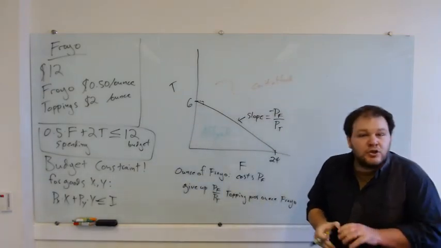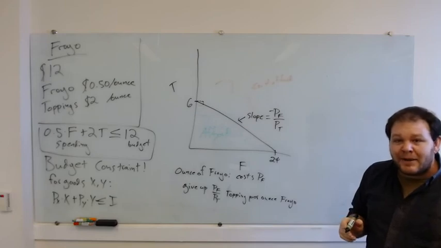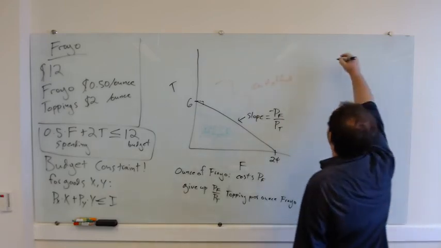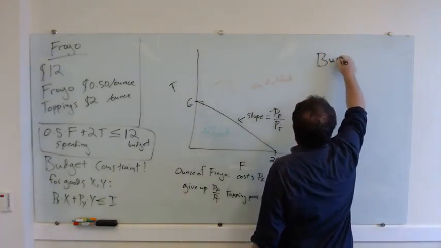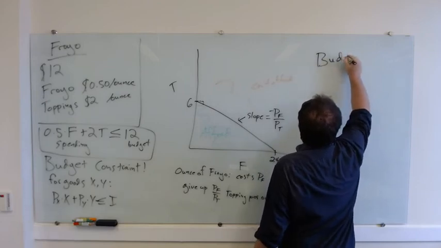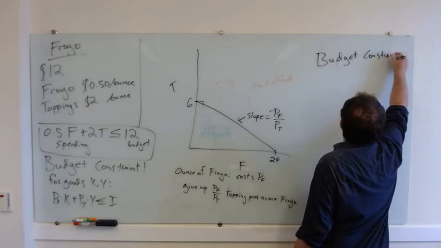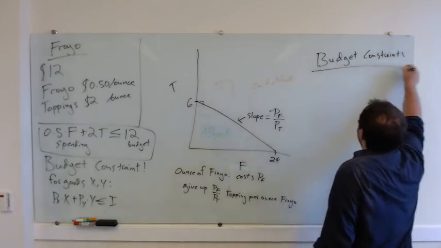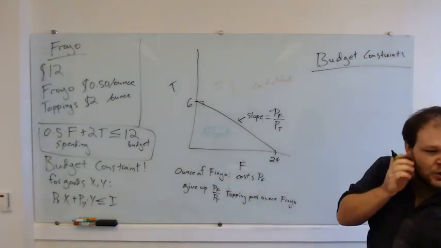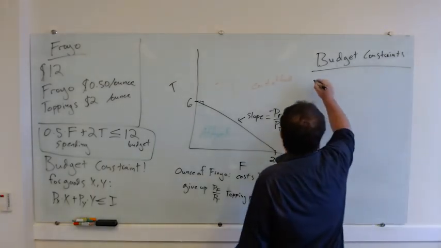Okay, so there's a couple fundamental points I want to make about budget constraints before we move forward. So the first thing is, right, they're going to tell you what options are affordable.